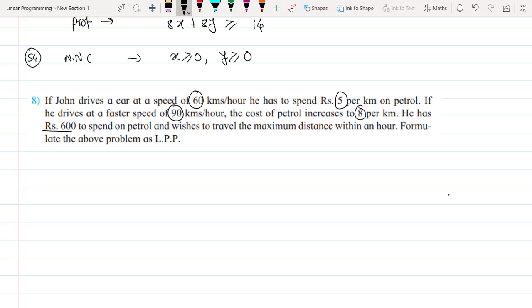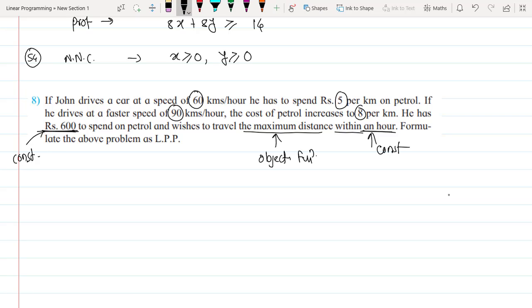He has 600 rupees with him to spend on petrol and wishes to travel maximum distance within an hour. Within an hour becomes our constraint. He has 600 rupees, he cannot spend more than that, so this also becomes my constraint. And he wishes to travel the maximum distance, which becomes my objective function.